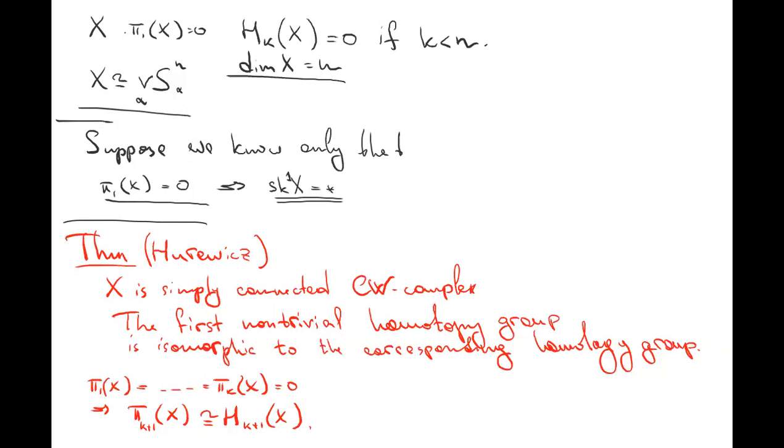So then all the homotopy groups in our problem have to be trivial up to n. Yeah, so from here we deduce, by the Hurewicz theorem, that pi_k of X is equal to 0 for k less than n.